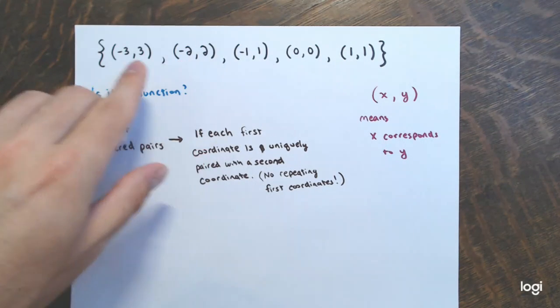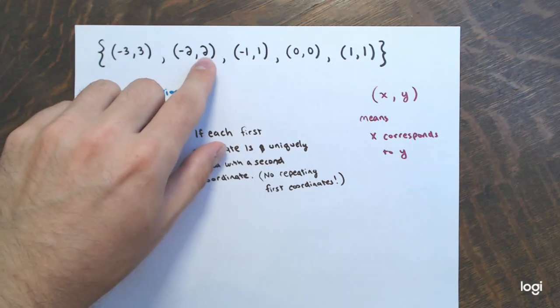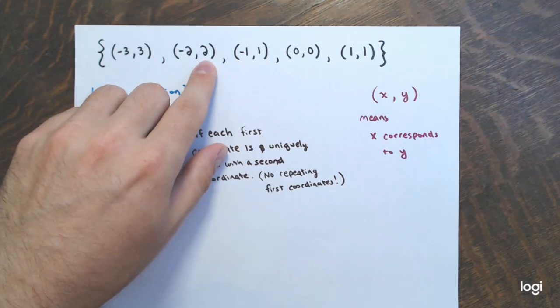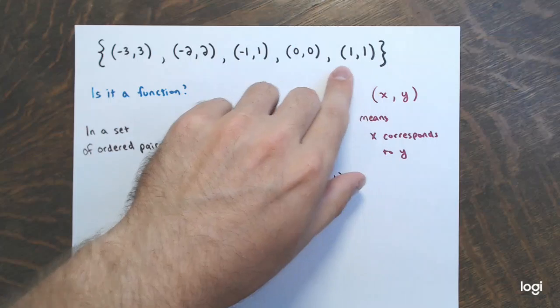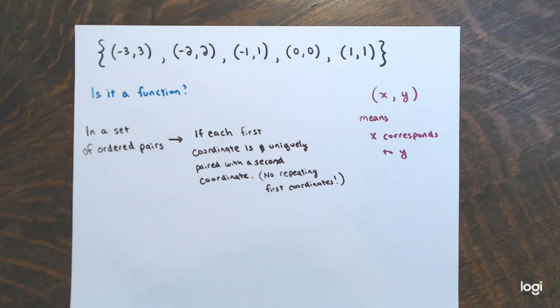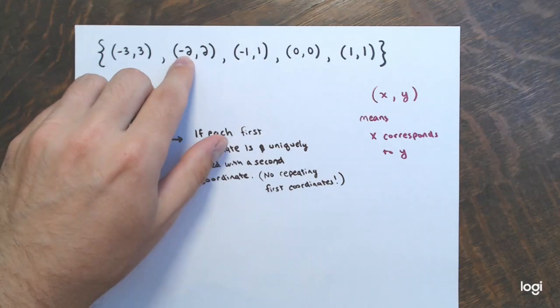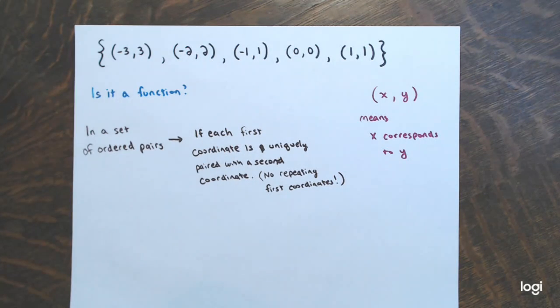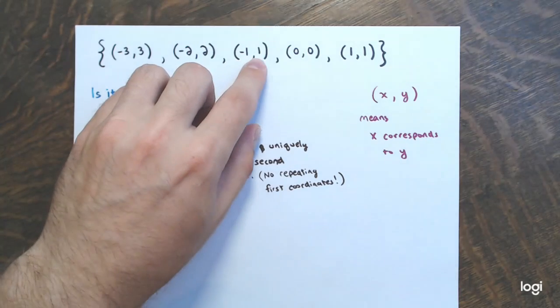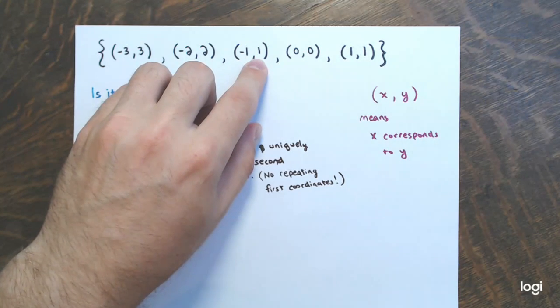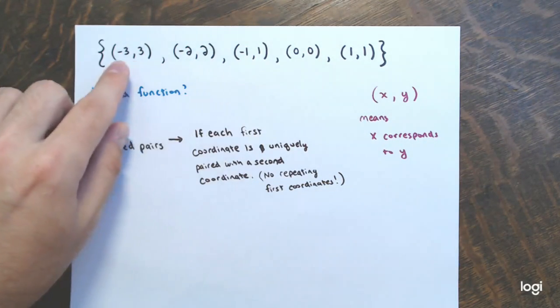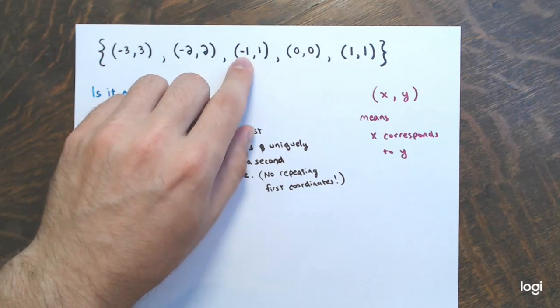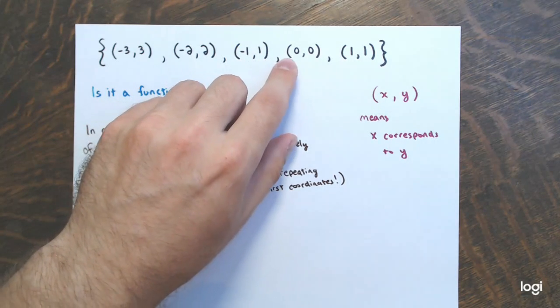Negative 2 in the domain corresponds to positive 2 in the range, and I'm not seeing any other ordered pair with negative 2 as the first coordinate. So negative 2 does correspond to exactly one element in the range. Negative 1 corresponds to positive 1 in the range, and negative 1 doesn't correspond to anything else. So negative 1 corresponds to exactly one element.